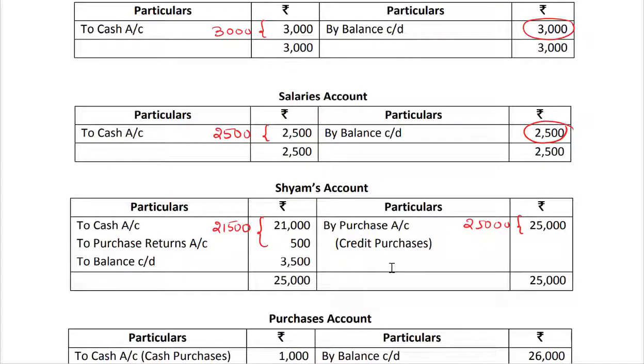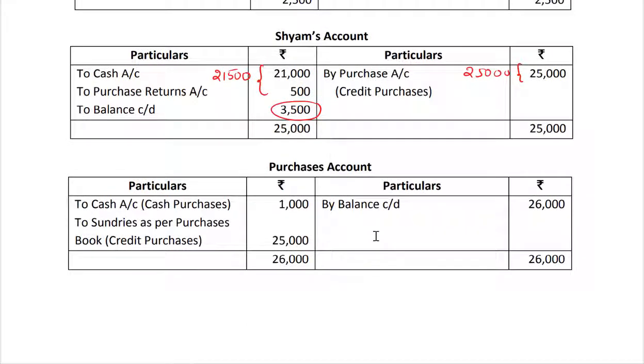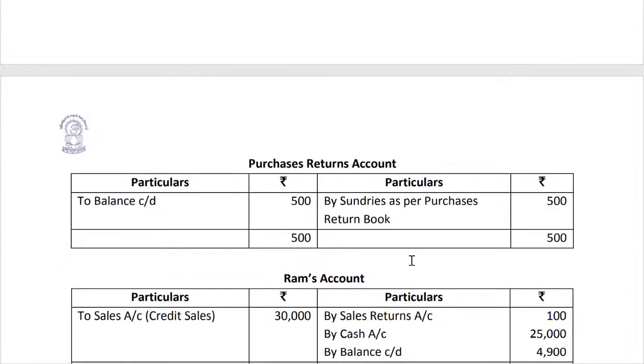Let's see the purchases account now. Purchases account, it would be 25,000 plus 1,000, that is 26,000. There would be no balance on the credit side. Purchases return, there would be no balance on the debit side, but on the credit side the balance would be 500.